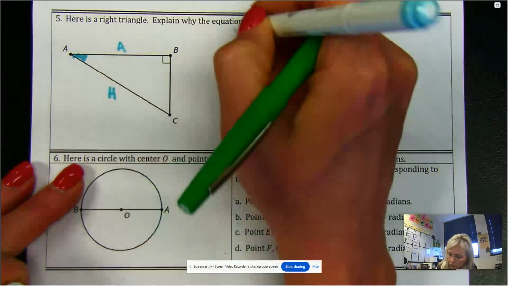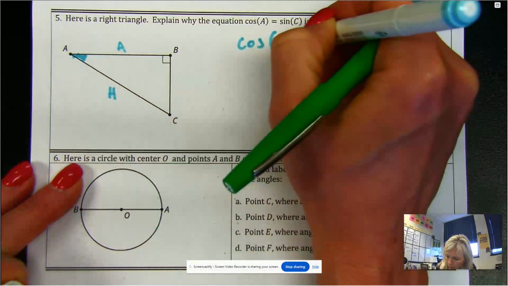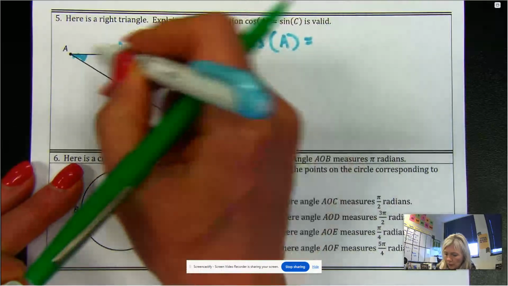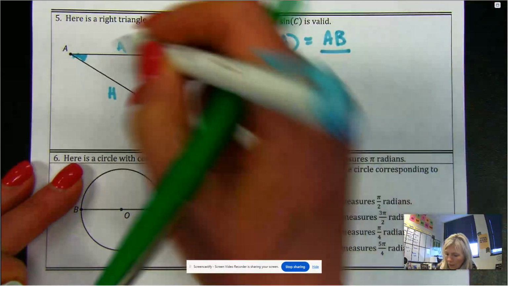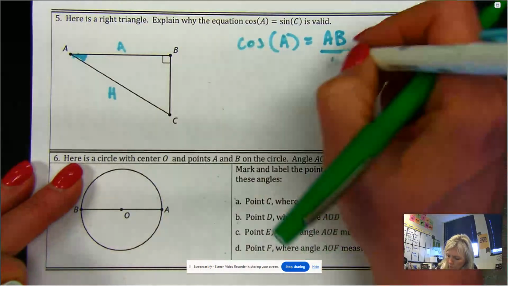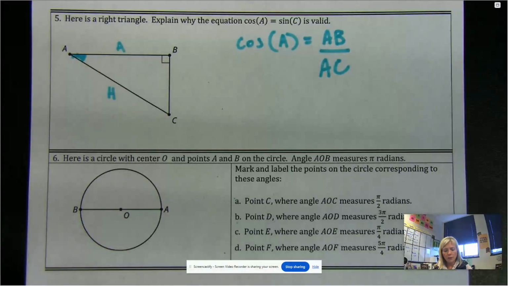So the cosine of A equals, well, this adjacent leg is AB, and this hypotenuse is AC. Okay, that's the cosine of A.